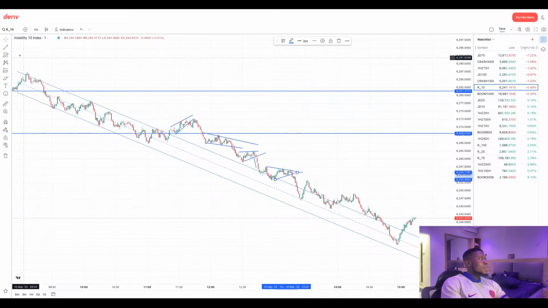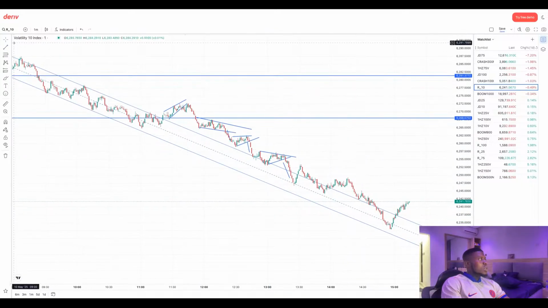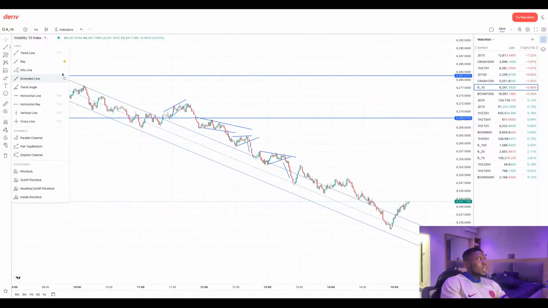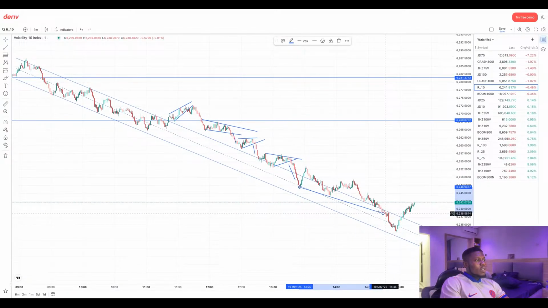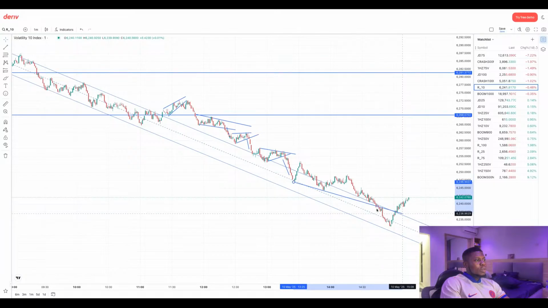These are chart patterns forming continuously, and okay, it seems like we're having a change in pattern, having something like this at the moment.